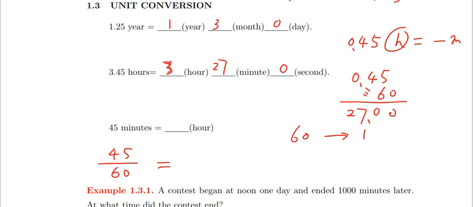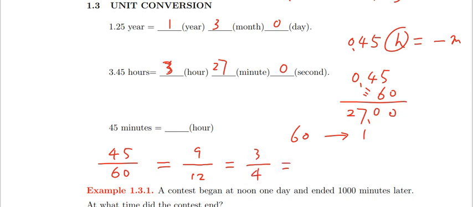We can simplify it a bit: dividing by 5, we get 9 over 12, or we also can simplify to 3 over 4.